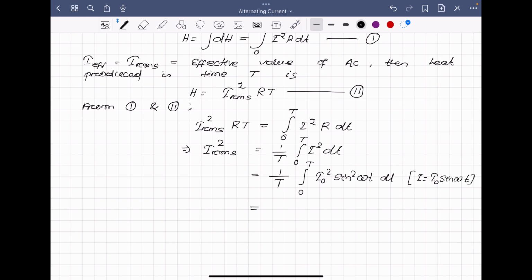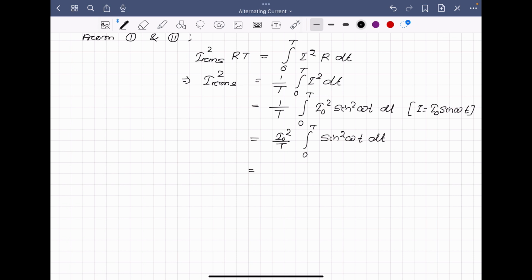Then I naught is a peak value or constant, we can take outside: I naught square upon T, then integration of 0 to capital T sin square omega t dt. Then just solve this one. We can write sin square omega t as 1 minus cos 2 omega t upon 2 dt.